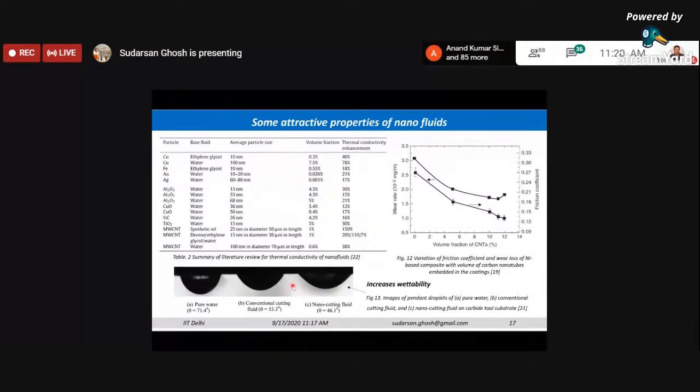If it wets the hot surface uniformly, then it has a better capability to take away heat from all the surface area.